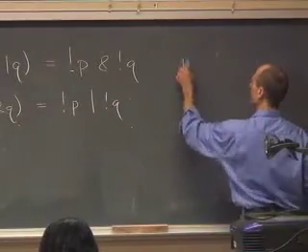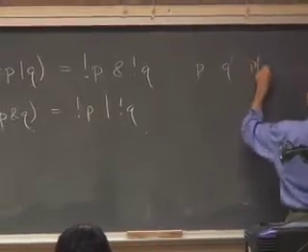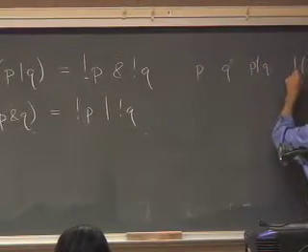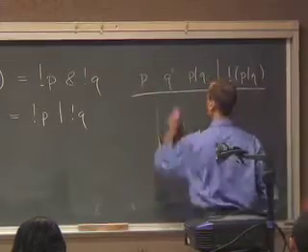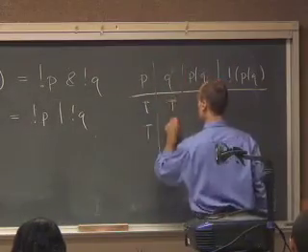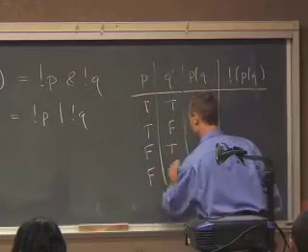If we have P, Q, P or Q, not (P or Q): true, true, true, false, false, true, false, false.